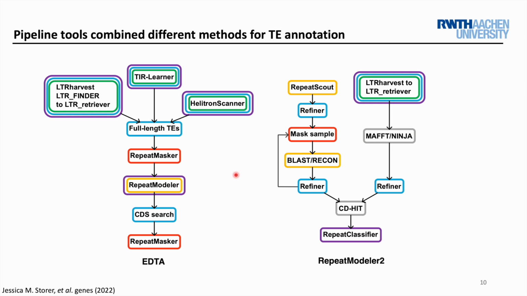If you only do very simple TE masking for your genome, I think the output from those pipeline tools is sufficient. But if you want to do further analysis on TEs, for example, analyze TE divergence or TE evolution, then the outputs from them are not accurate enough.